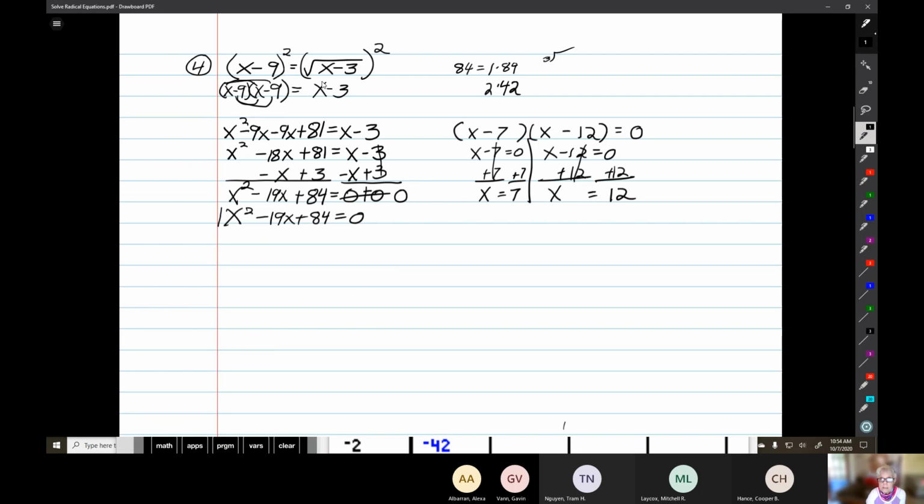So here are your possibilities. No solutions. Two solutions. Or one solution and one extraneous.